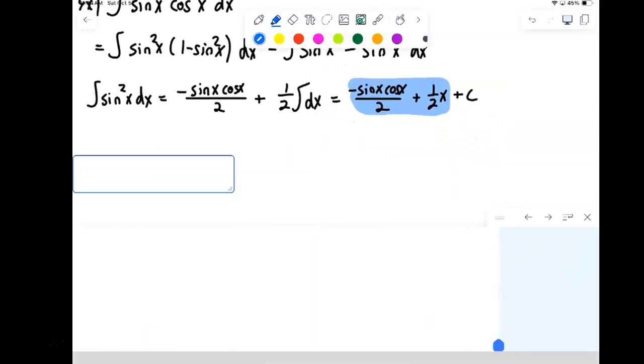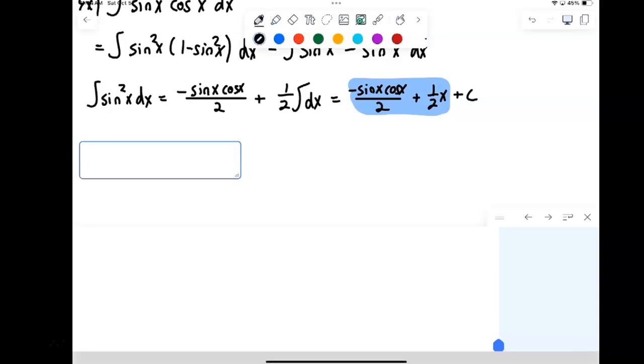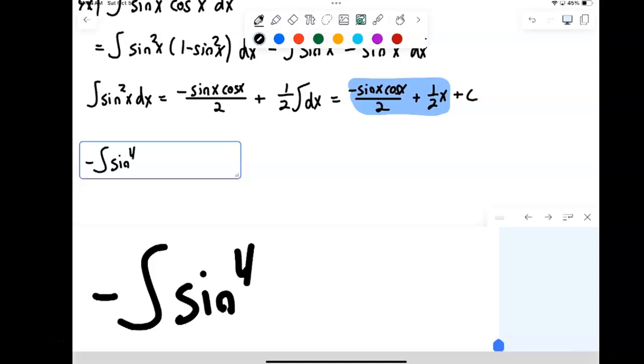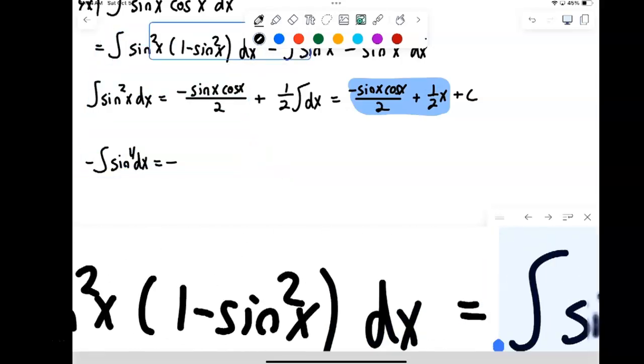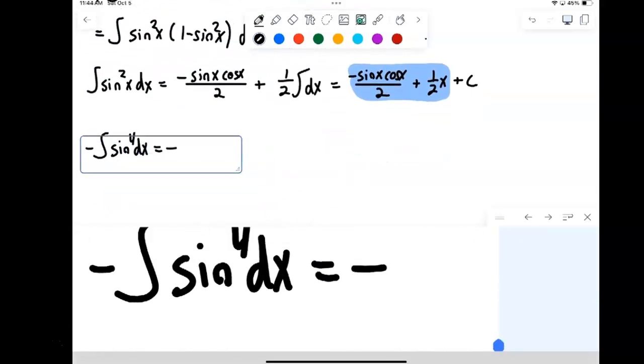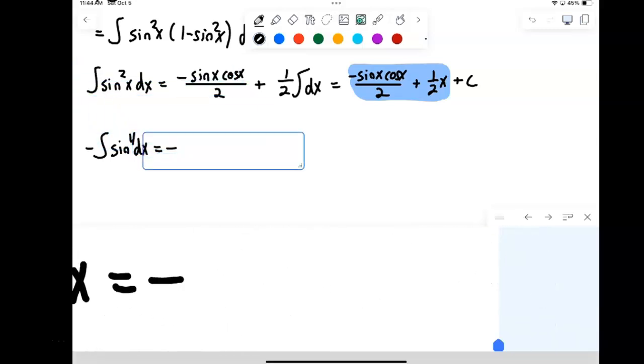Okay, so now we're doing the integral of minus sine to the fourth x dx, so I'll just put the negative out front. Again, the negative is because of the subtraction here, not anything to do with the actual integral.